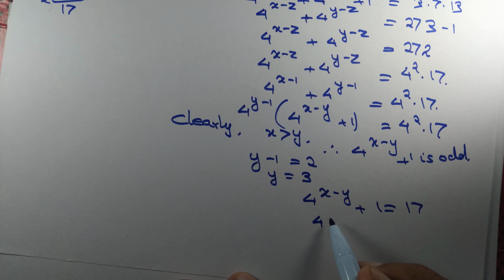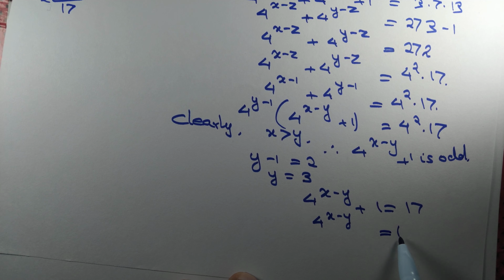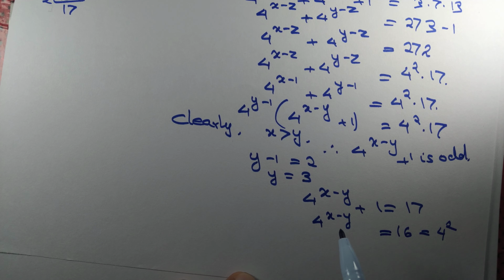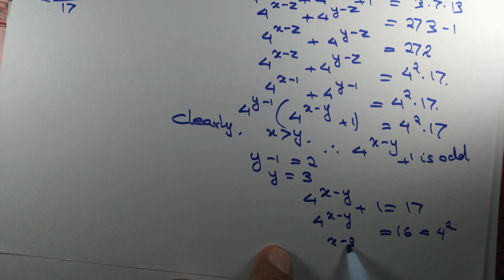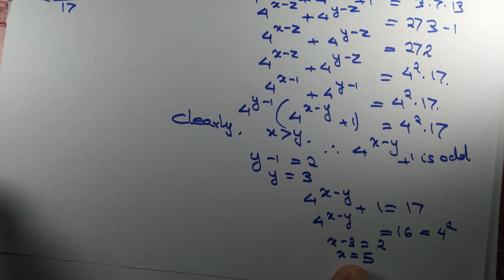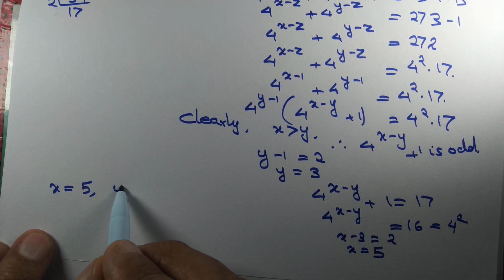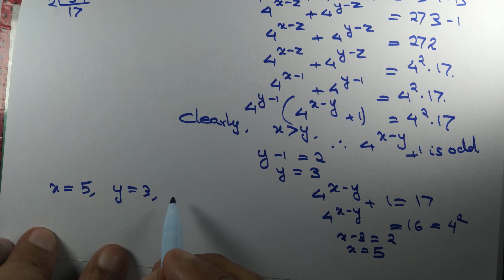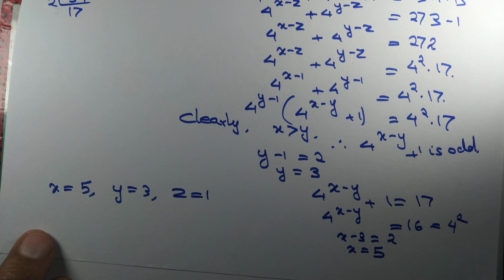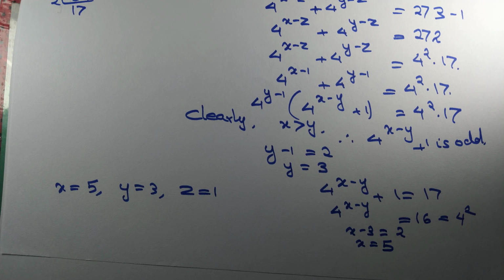That gives us 4^(x-y) equal to 16, and 16 equals 4 squared, and y is 3, so x minus 3 equals 2, so x equals 5. So finally we have the solution x equal to 5, y equal to 3, and z equal to 1. That's it. Of course, this is under the assumption that x is greater than or equal to y, and y is greater than or equal to z; you can rearrange and get other combinations as well.